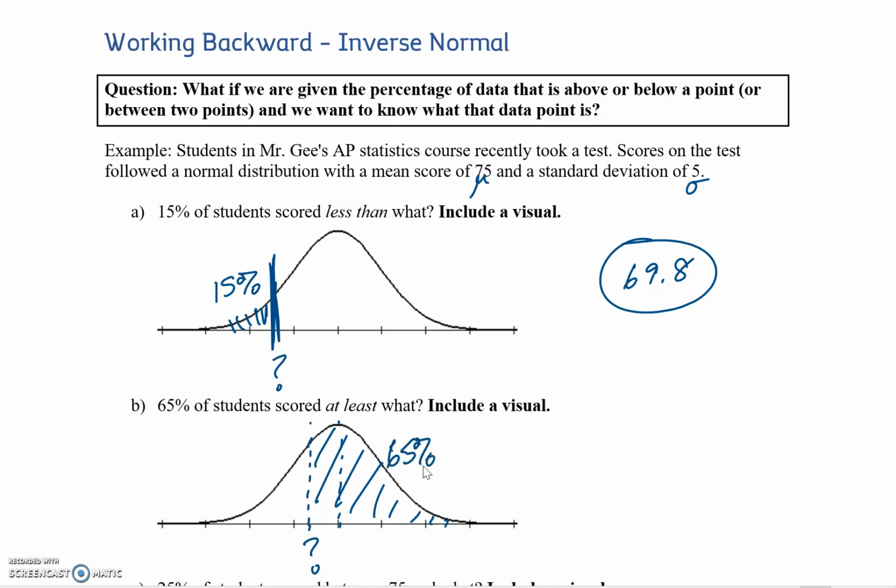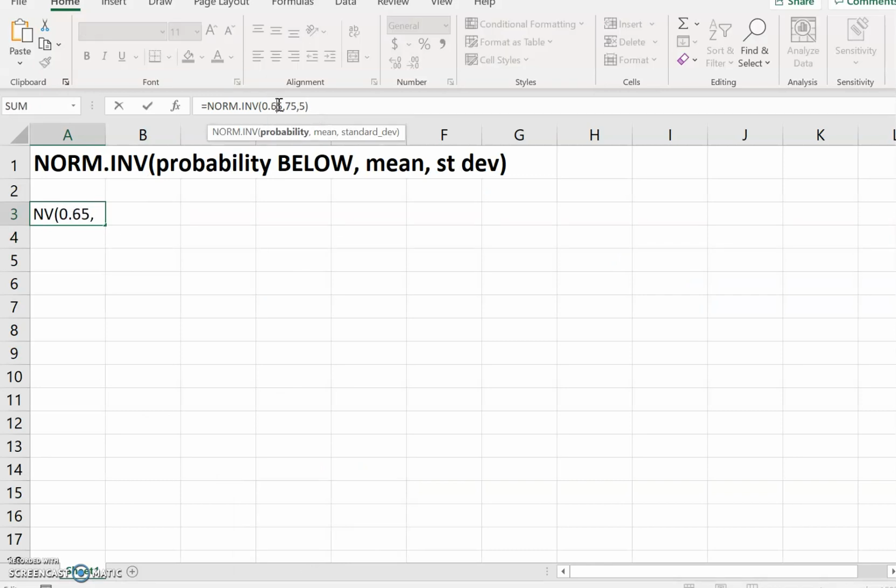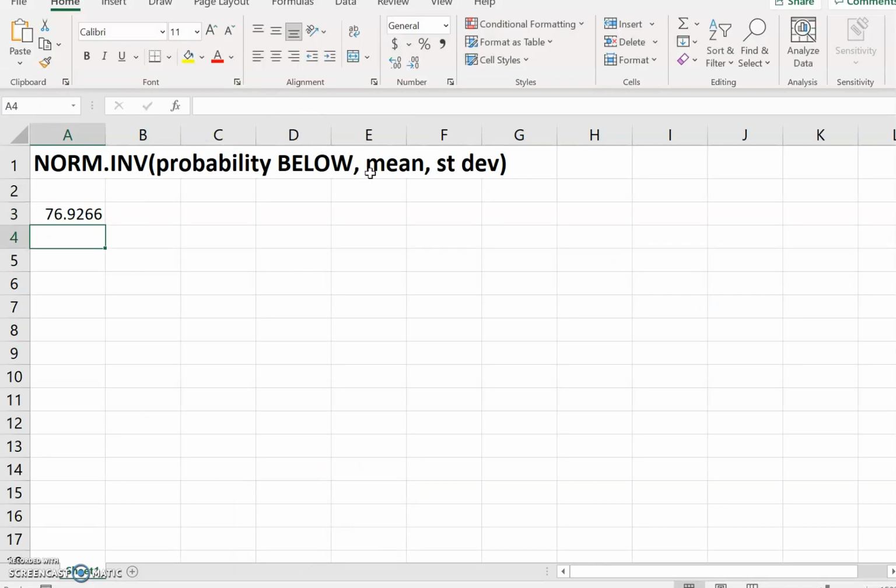All right, so we're just working backwards again. So, all right, if we updated our inverse norm, if we said, well, from 0.15, let's make that 0.65, this would give us the score where 65% is below this point, right? So we go, well, I don't want 65% below.